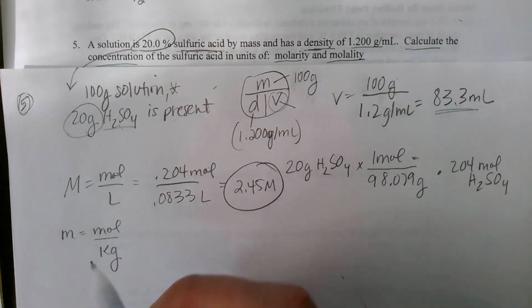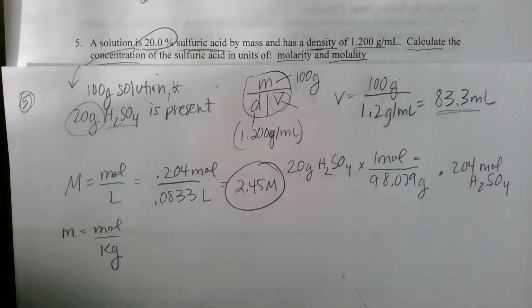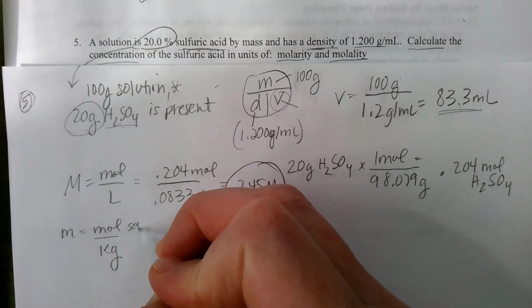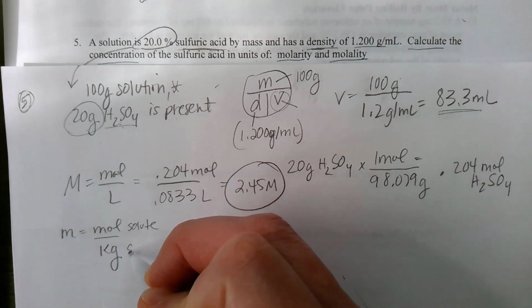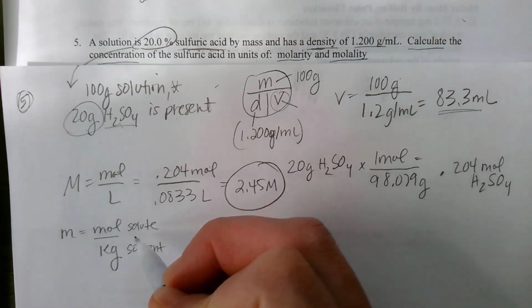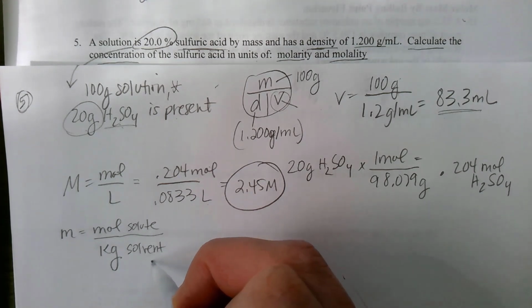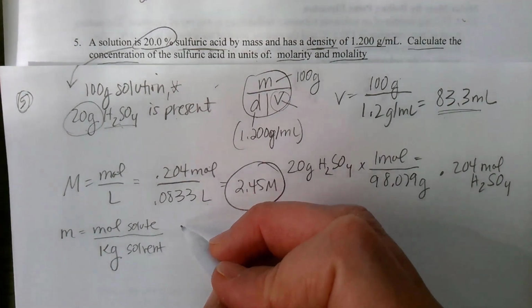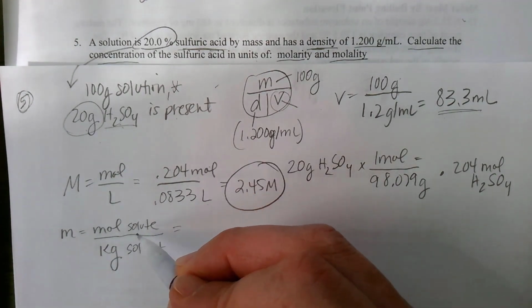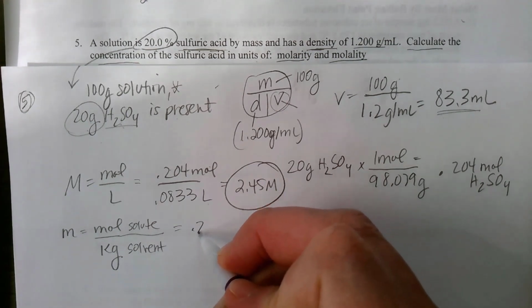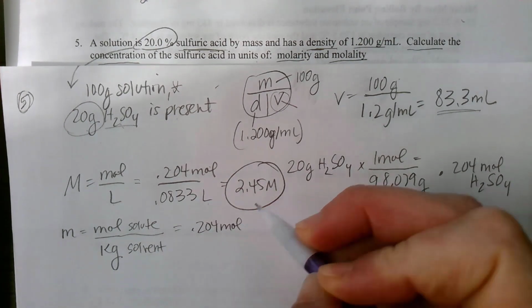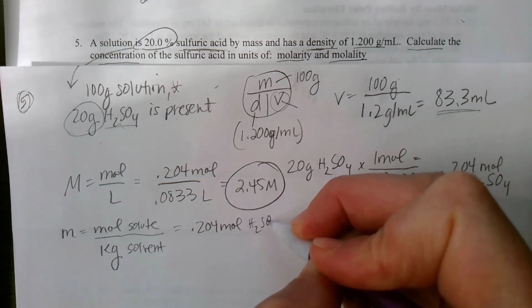Okay, molality. Remember, molality is moles of solute over kilograms of solvent. So not the whole solution. All right, so we know our moles of solute we just found was 0.204 moles of H2SO4.